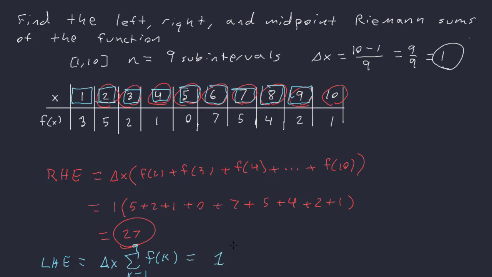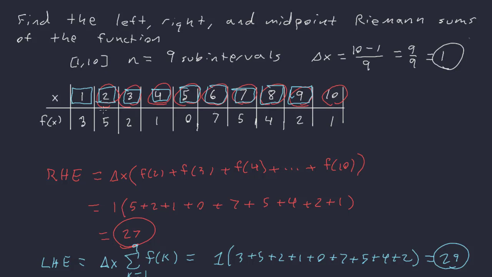So that's going to be 1 times 3 plus 5 plus 2 plus 1 plus 0 plus 7 plus 5 plus 4 plus 2. And I got 29 if I did that correctly.